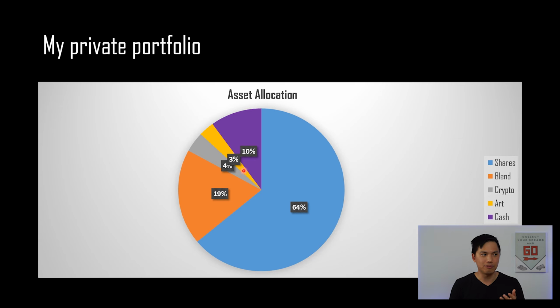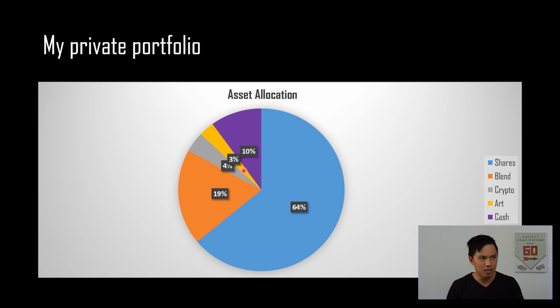So, it's a level that I wanted to be in to gain enough exposure to Bitcoin, but at the same time not risking everything on Bitcoin, because Bitcoin at the end of the day is still a speculative asset class. But over the long term, I expect them to do well. Historically speaking, the research does show that it actually does provide higher risk-adjusted returns into your portfolio. So that's why I have cryptocurrencies as 4% of my portfolio.